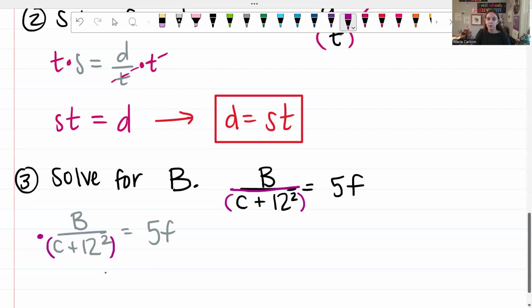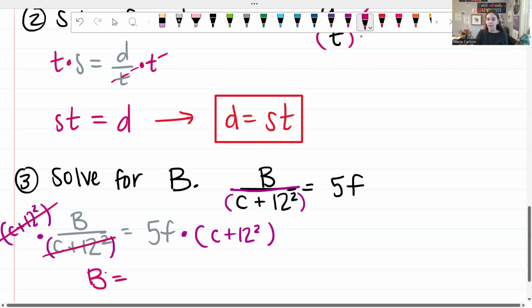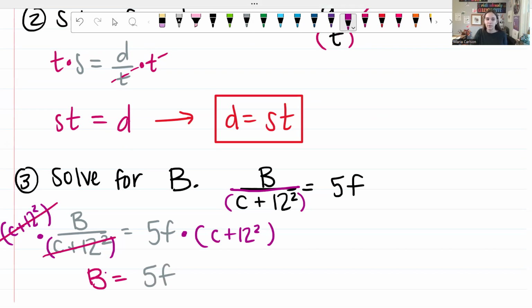So I'm going to multiply both sides of the equation times C plus 12 squared. So when I do that, the C plus 12 squared in the top and the bottom on the left-hand side are going to cancel. So that's going to leave us with just B, like we would like, is equal to this 5F times C plus 12 squared.